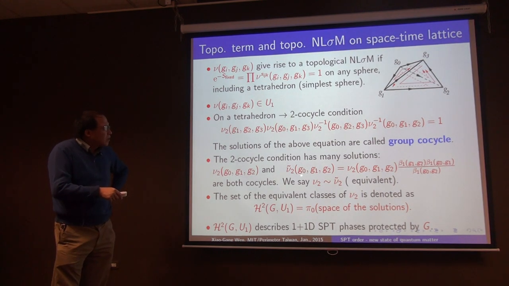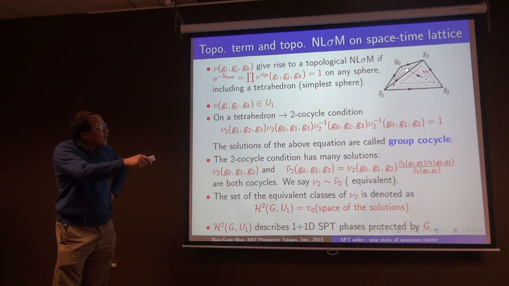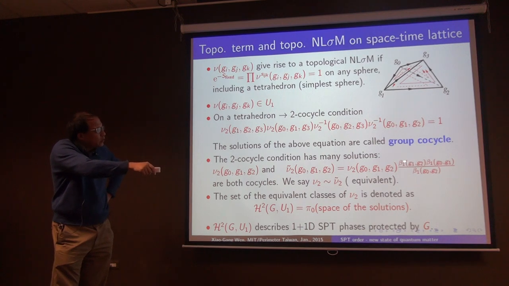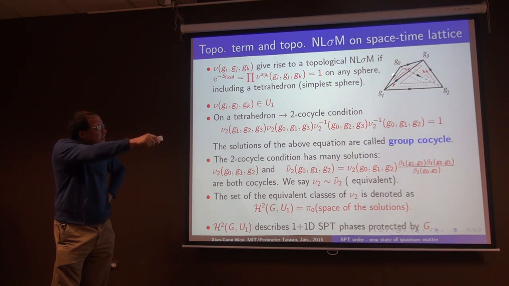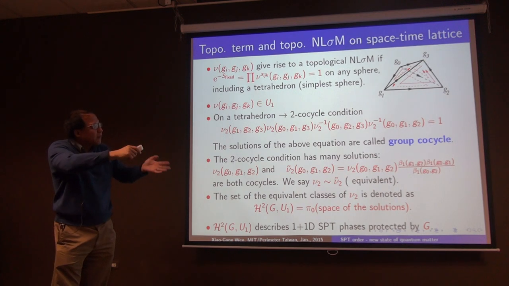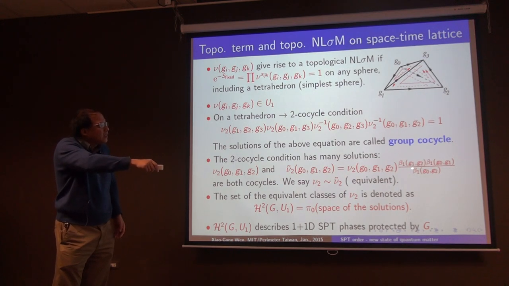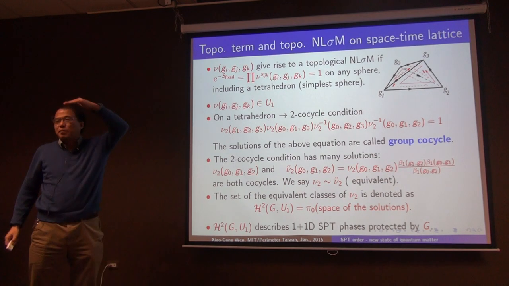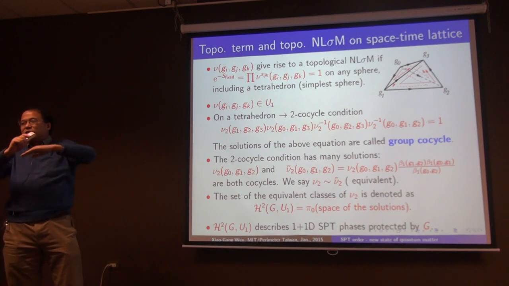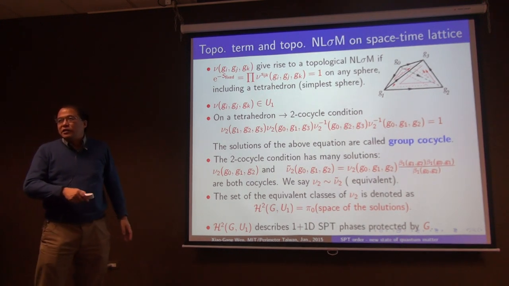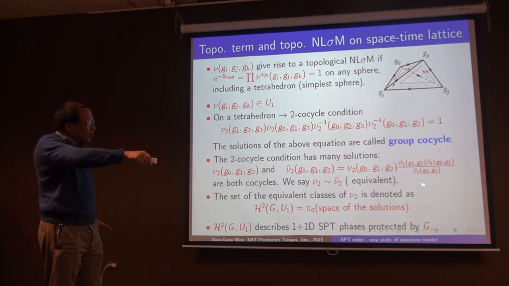Why? Because this modification is on the edge. So when you glue this triangle together like this, each contribution from the edge appears twice, because this edge appears as an edge of this triangle, and this edge also appears as an edge of this triangle. They appear twice, and due to the convention, you can see that this beta appears twice, but once above, once below, so they all cancel each other.